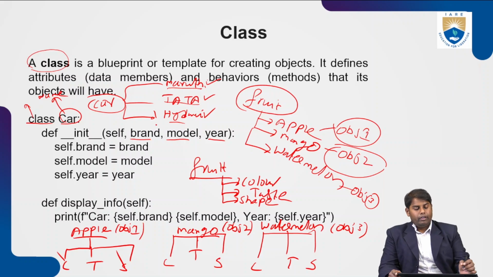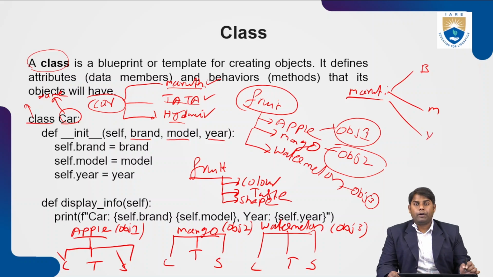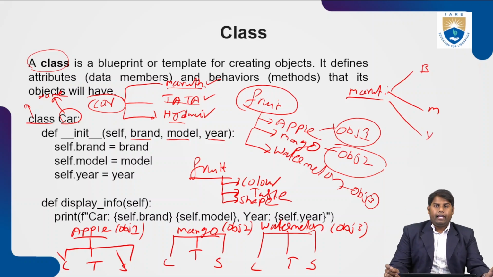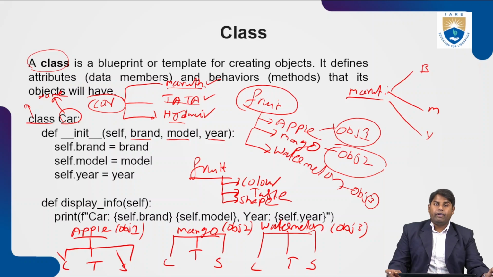If we take Maruti as object 1, for this we take the brand, the model, and the year. If you take a particular object, even inside Maruti there are different models. Let's say you have the K10, Celerio, Swift, Desire.